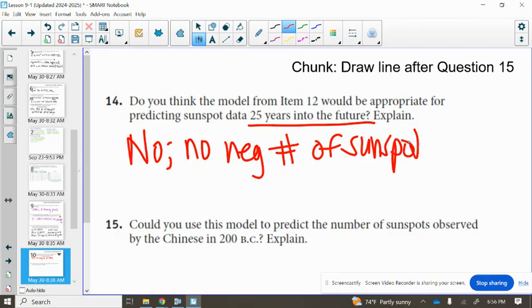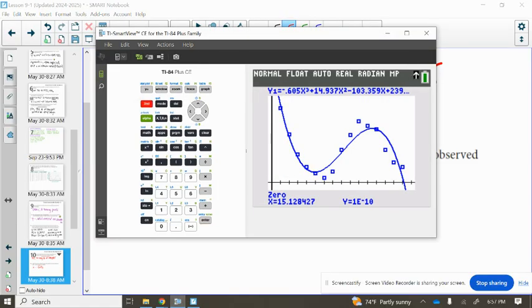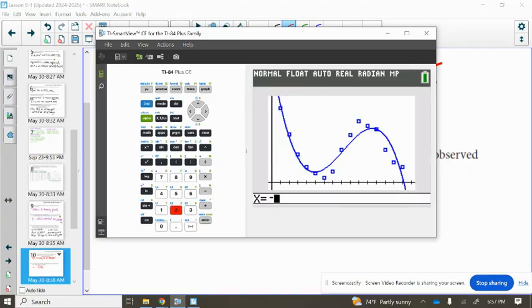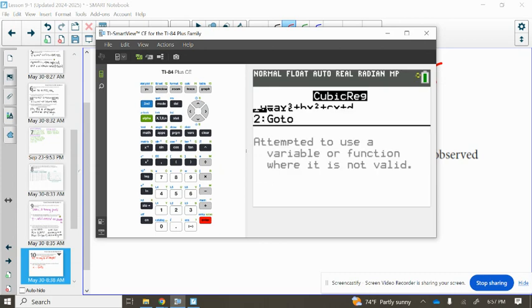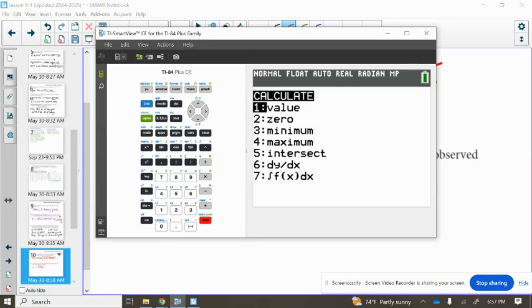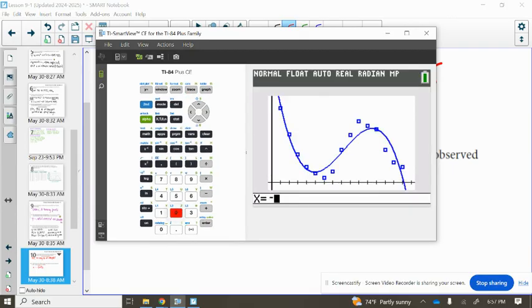And then same thing if we're trying to look into the past here and we're trying to figure out, okay, 200 BC, aka an x value of negative 2,190. Well, if I'm trying to calculate that value at negative 2,190, looking into the past here, that's just looking like a huge number that we are not going to want to calculate.